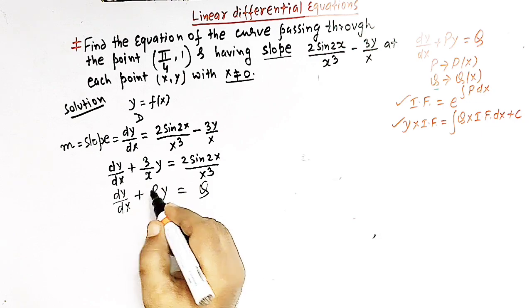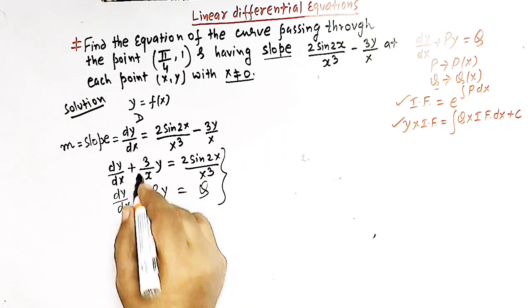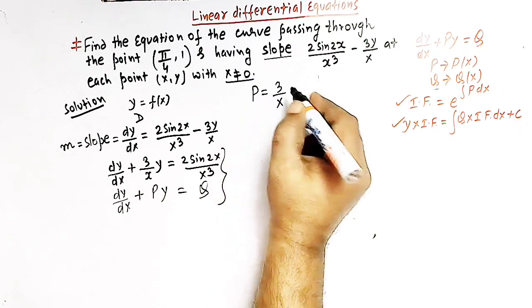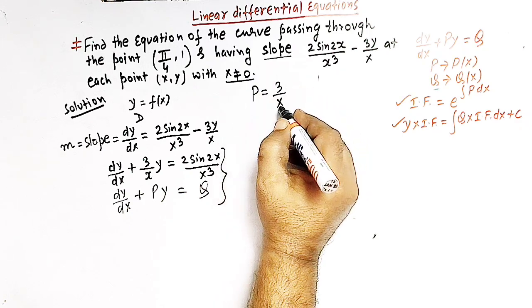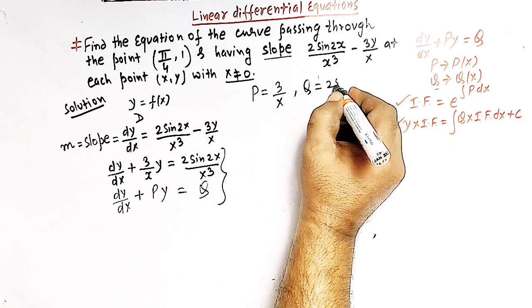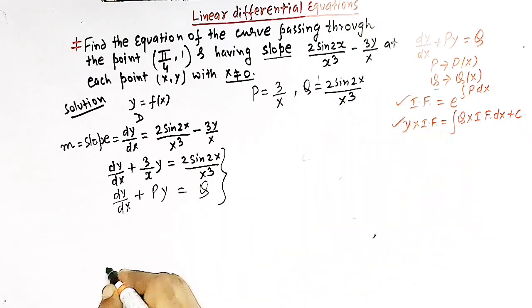So if we compare these two equations, we can easily see that p is equal to 3 over x, and p is a function of x, and q is given by 2 sin 2x over x cubed, right?